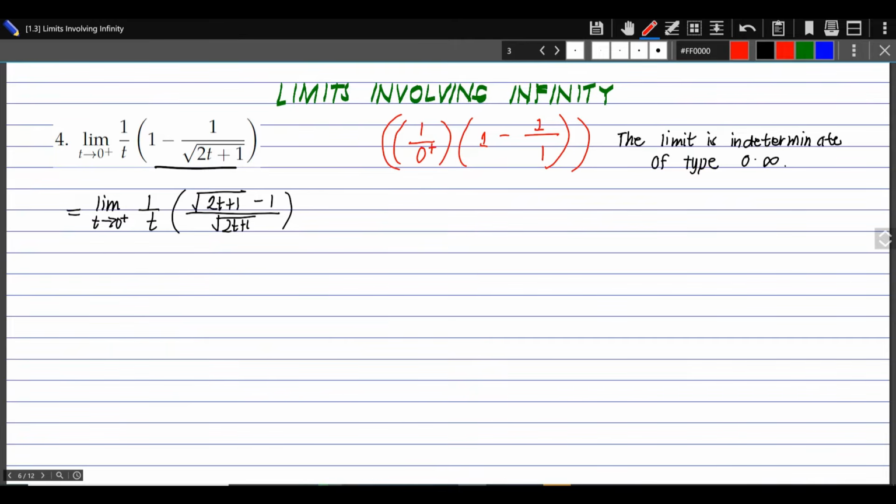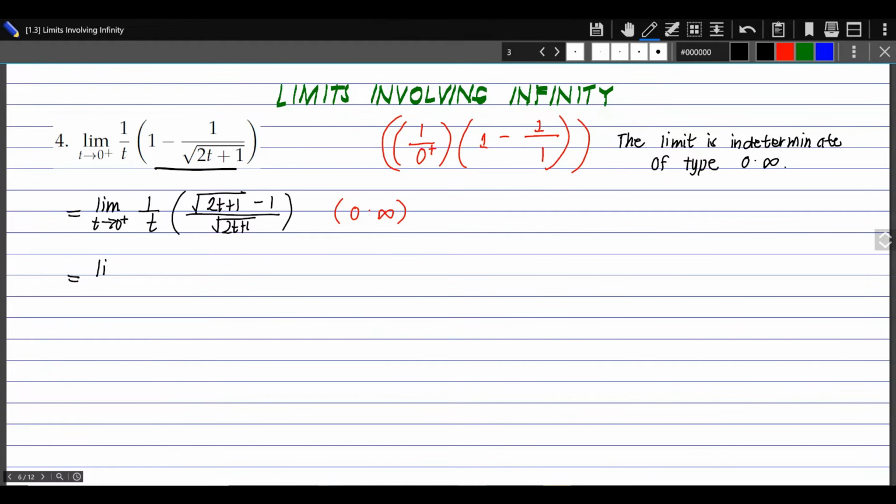Take note that if we check its form, it is still indeterminate of type 0 times infinity. So what we do is rationalize the numerator. Okay, so we multiply the fraction by 1 using the conjugate of the numerator, which is the square root of 2t plus 1 plus 1.